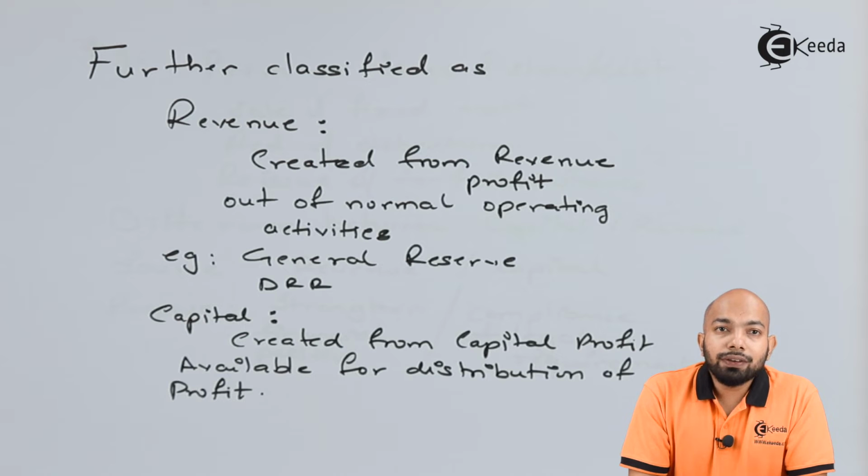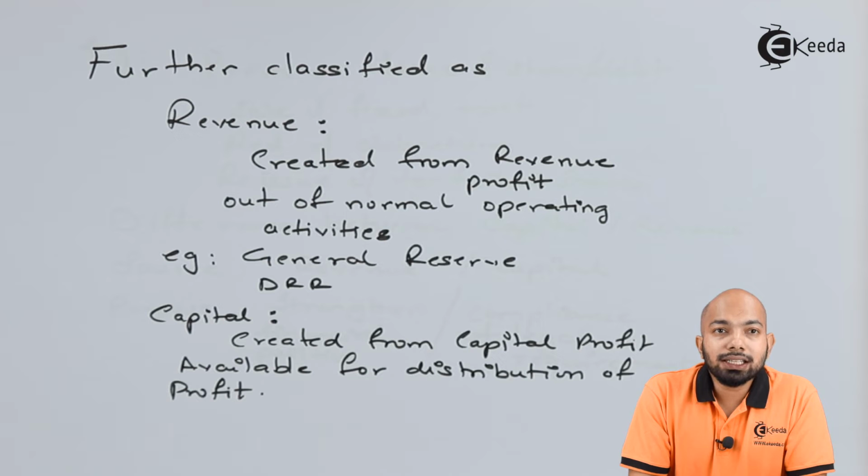Hence, the reason why we classify revenue reserve and capital reserve is that we always talk about operating and non-operating activity. Operating activity will be termed as revenue reserve activities and non-operating will be termed as capital reserve activities.